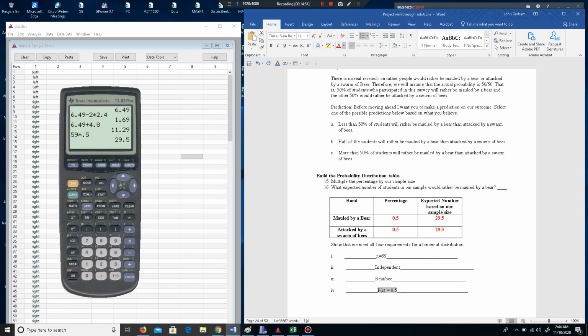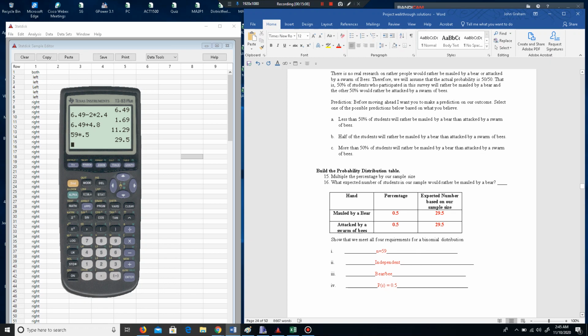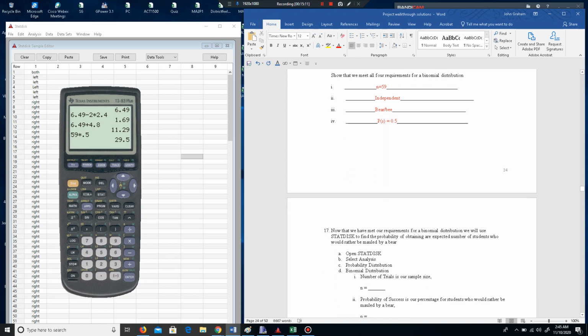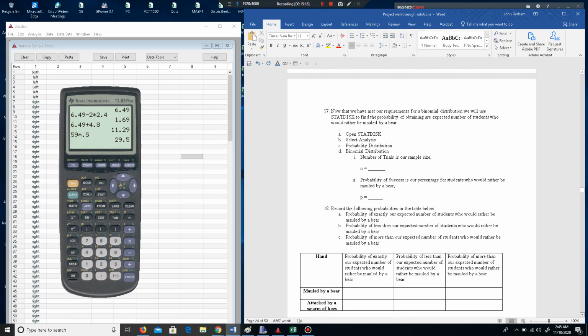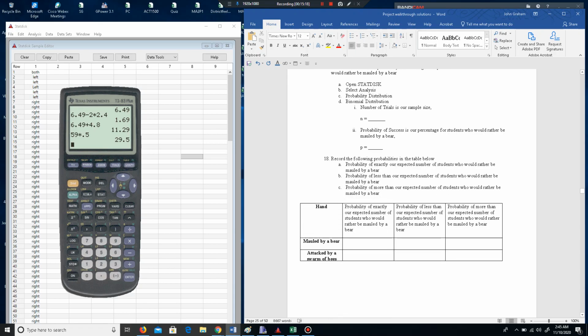So it does meet the requirements for binomial distribution. Alright, so same idea. The only thing we're going to do is change the p-value. So 59 for sample size, p-value is 0.5.